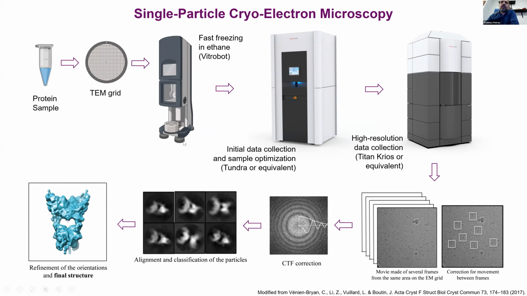We freeze the protein very fast in liquid ethane to get vitreous ice, and then we want to optimize this sample preparation as much as possible. So we typically may do some screening runs and back and forth until we get a sample that is up to certain standards.